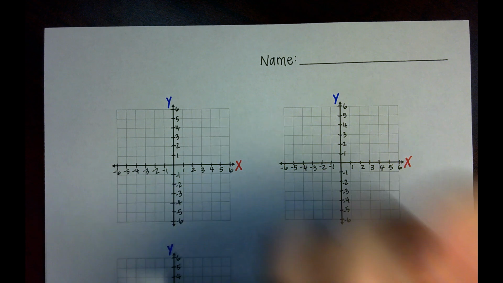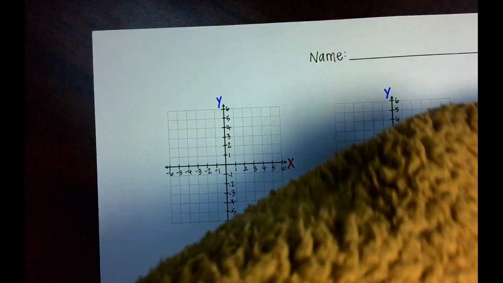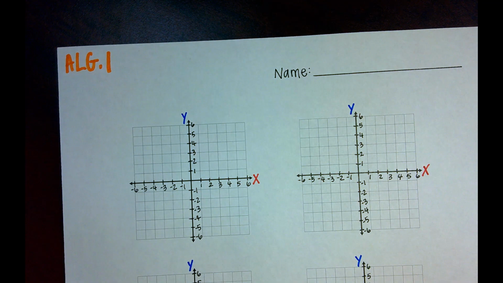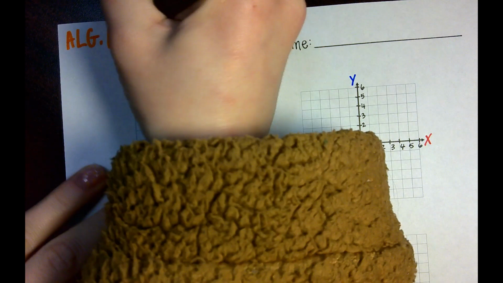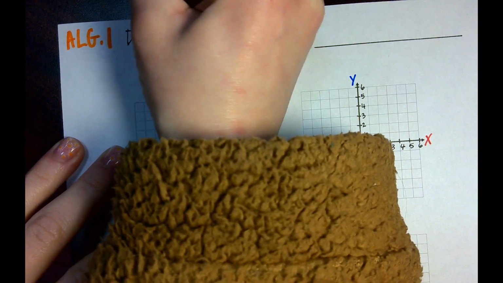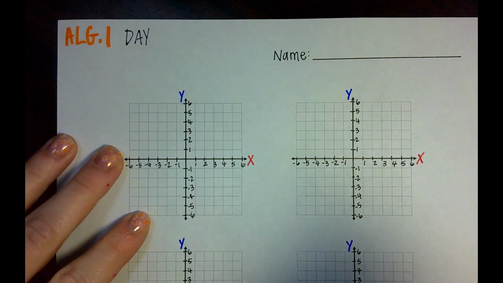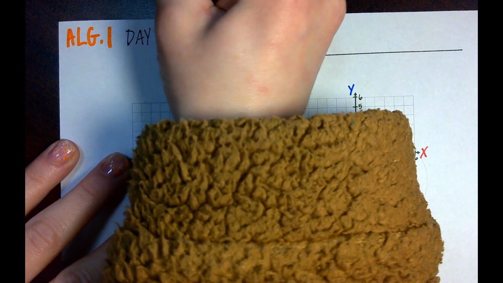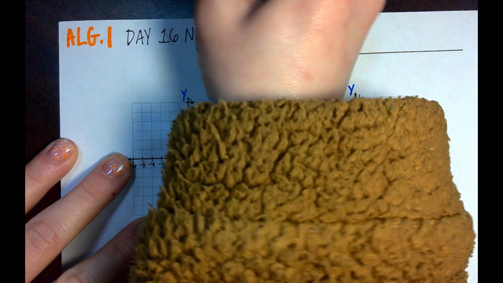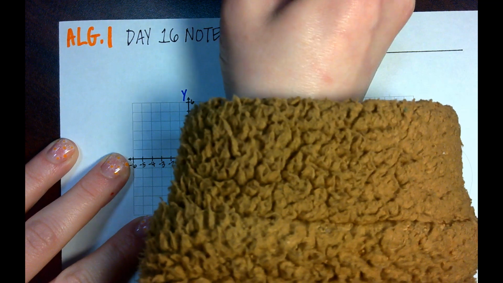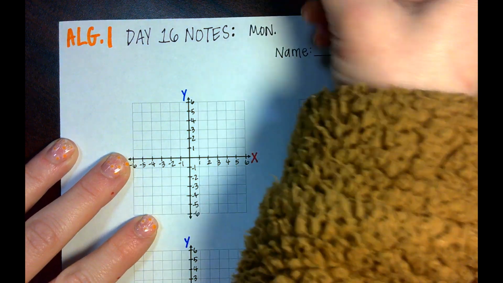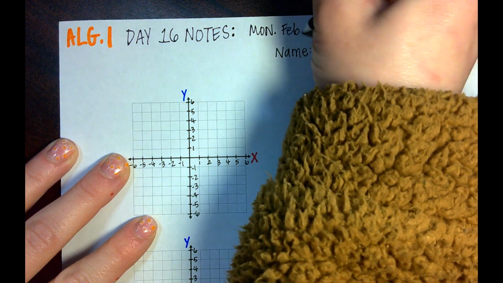And I'm going to label this as my day 16 notes. And again, I made a ton of copies of this paper, so feel free to take all you need. I can make more. Day 16 notes. It's Monday, February 10th.